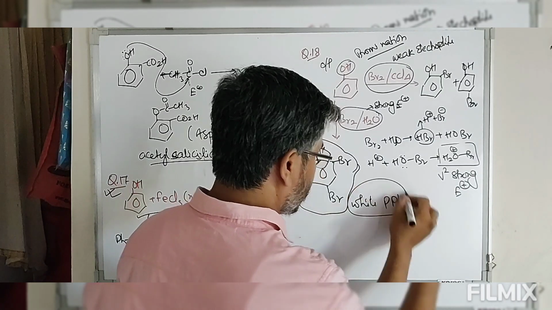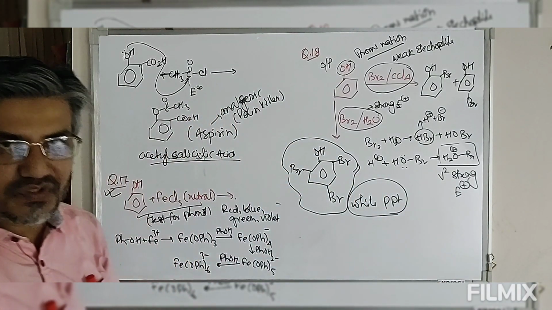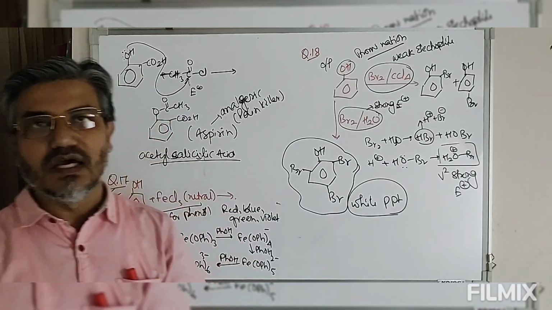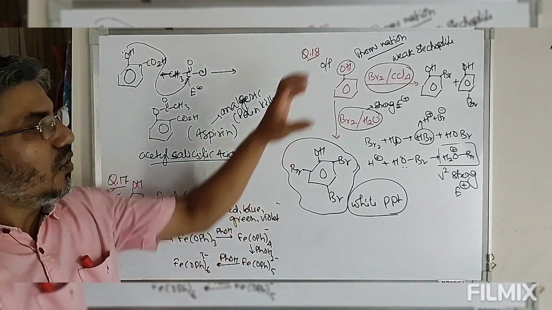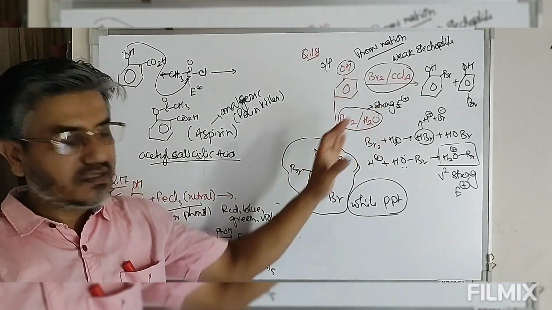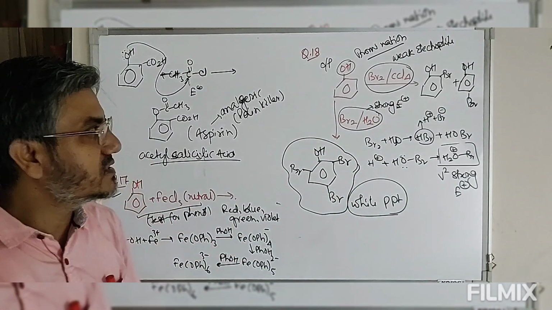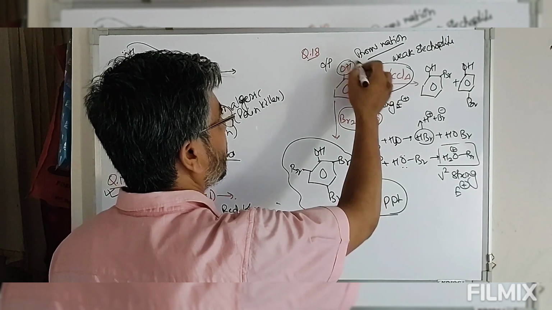So this reaction is again used to differentiate phenol from other substituted phenols. So pure phenol on reaction with bromine water gives tribromophenol, which is a white colored solid. So this is used as a test for phenol.